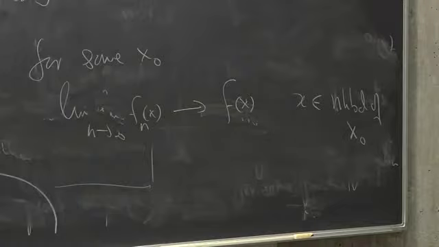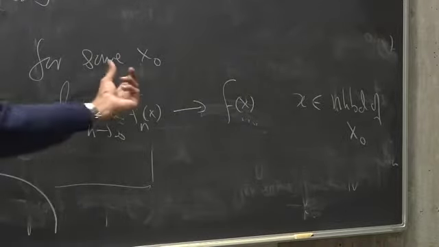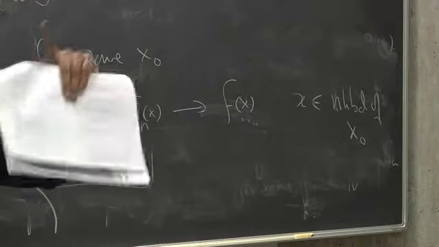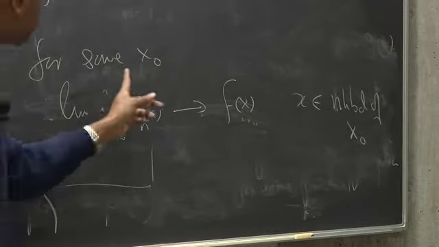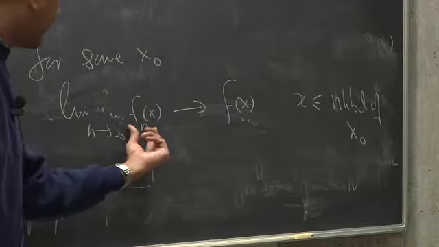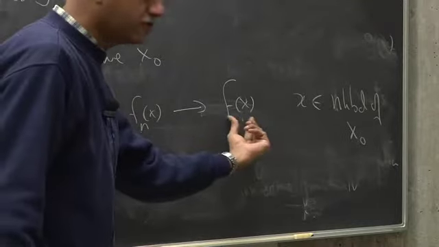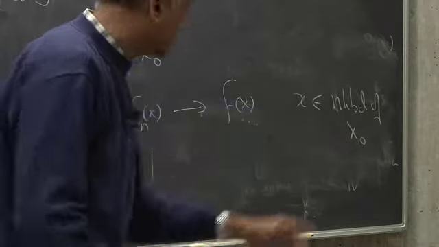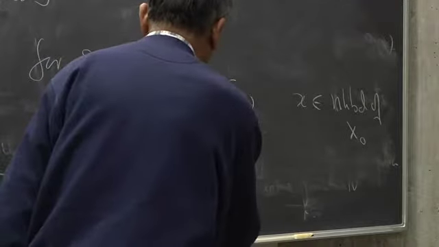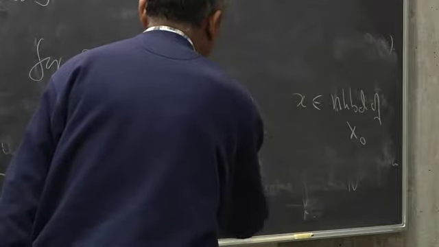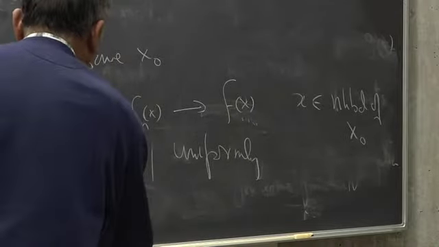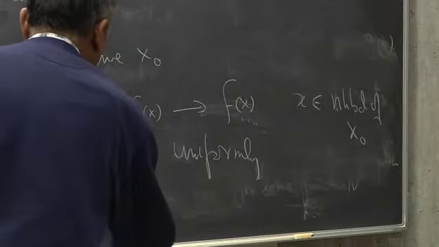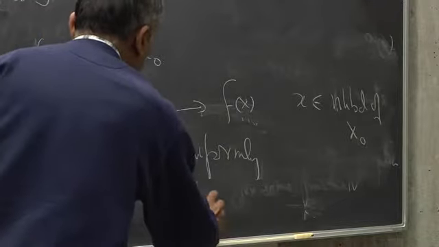So take a point x naught and consider a small neighborhood around x naught. If it happens to be true that f_n(x) converges to some function f of x in that neighborhood uniformly, then x naught is called a regular point.